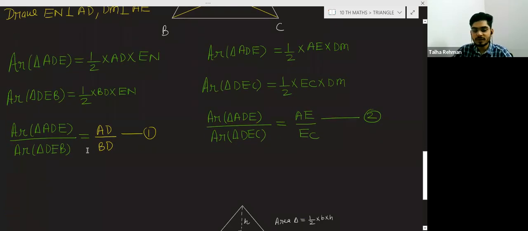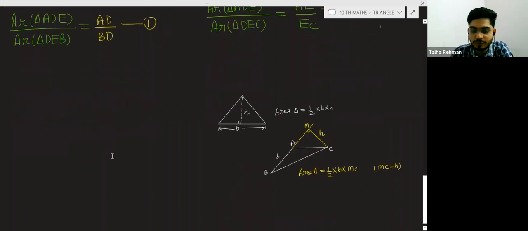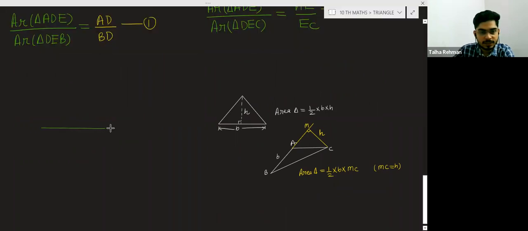So there is one property that you should know. There is one property of triangle that you should know. Suppose here is one line, and this is one triangle.